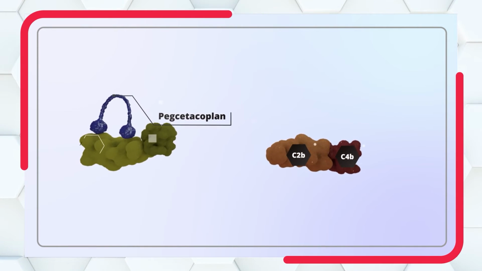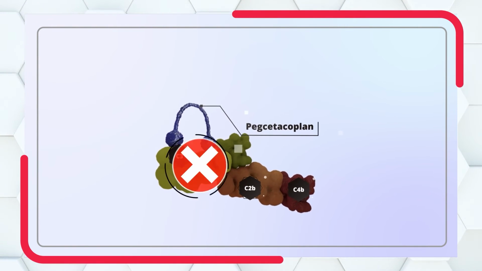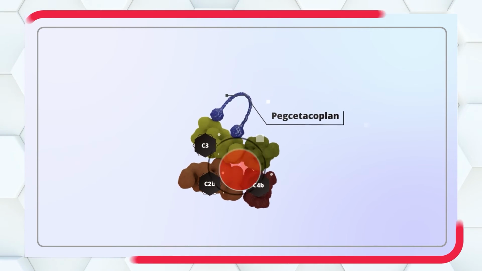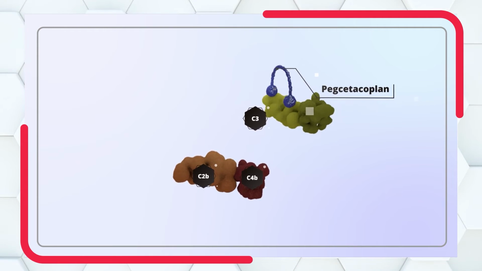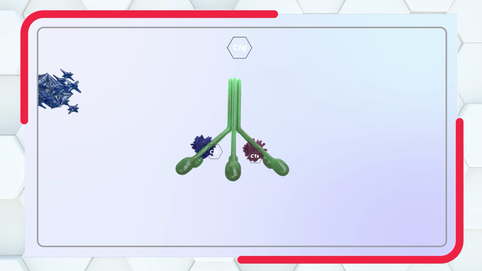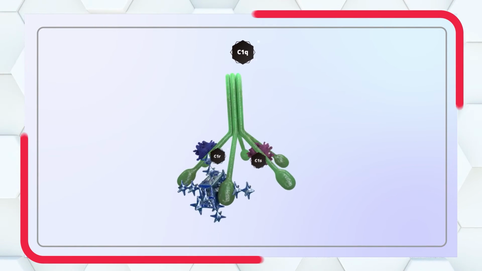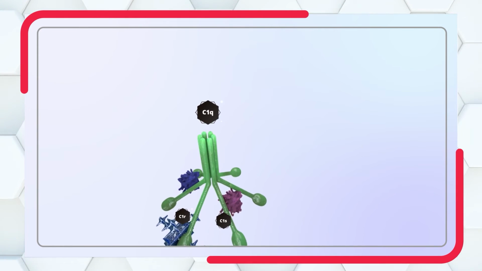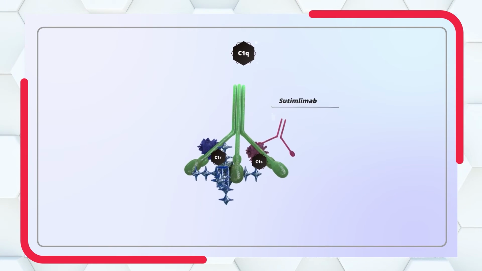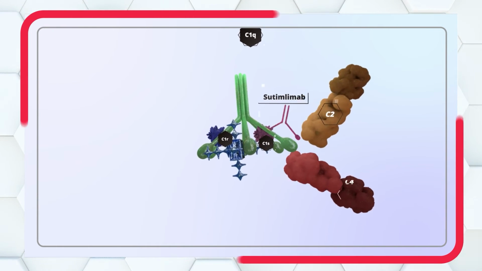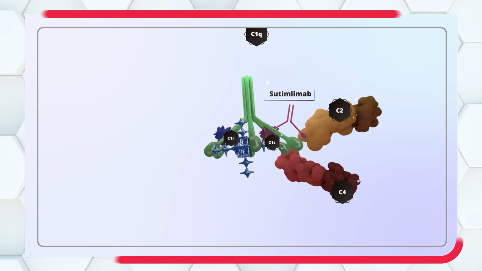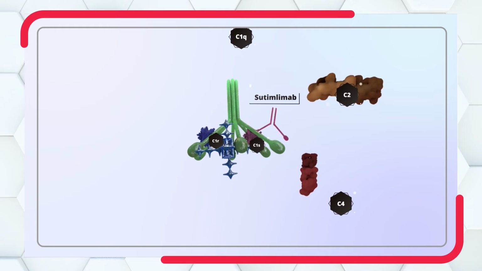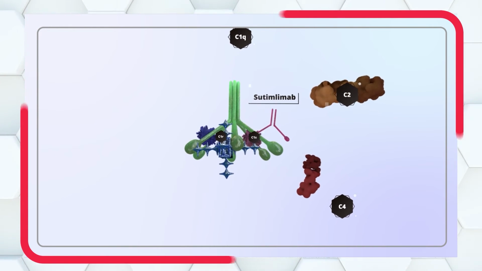Pegcetacoplan inhibits C3 cleavage, normalizing laboratory measures of extravascular and intravascular hemolysis and increasing hemoglobin within weeks. However, the cascade of immune responses in CAD begins even further upstream, with C1 activation. Sutimlimab is an IgG4 monoclonal antibody that binds C1s, a serine protease that cleaves C2 and C4 upstream of C3 in the classical pathway, and is the first approved complement therapy for CAD.